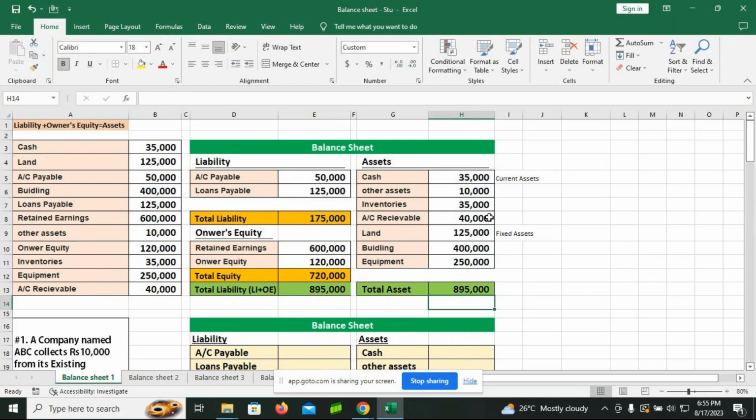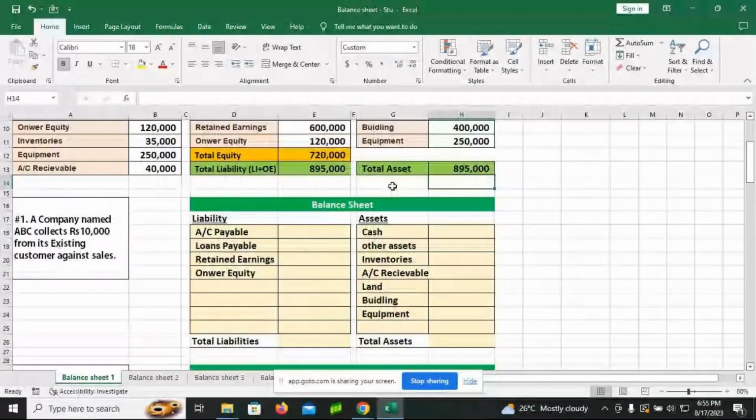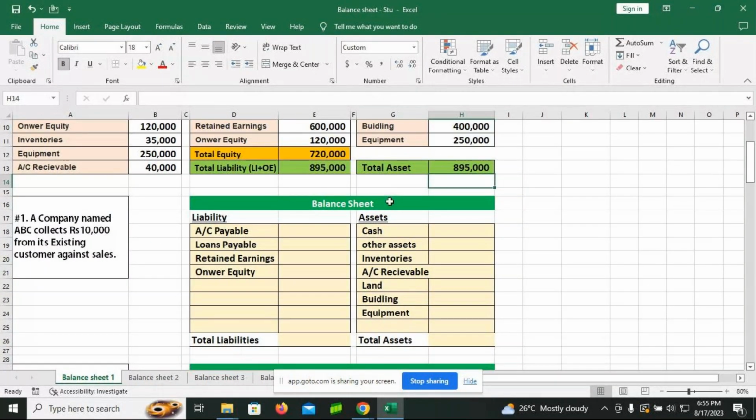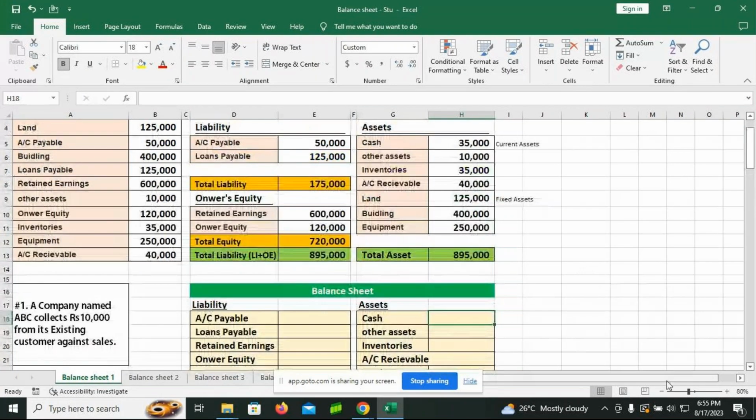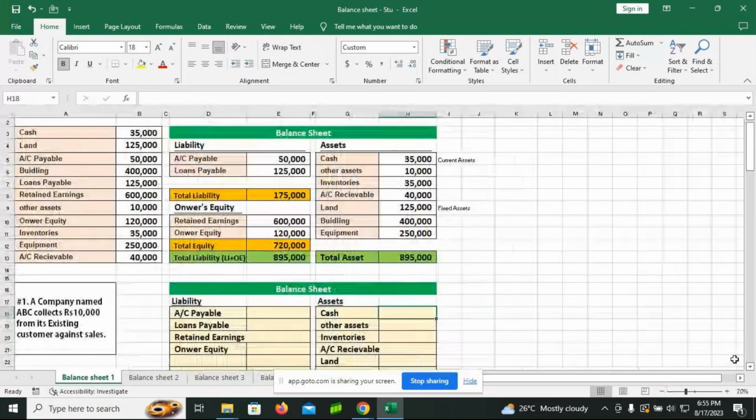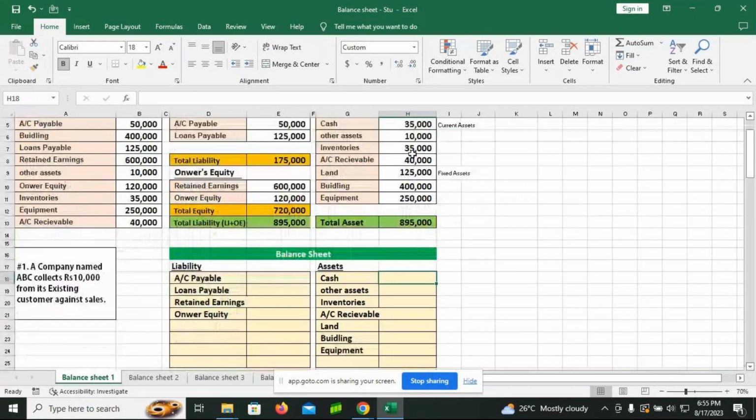Okay. So now based on the conditions I need to apply the changes now. So here I'm going to take the values as it is. So cash I'll take 35,000, other assets 10,000.